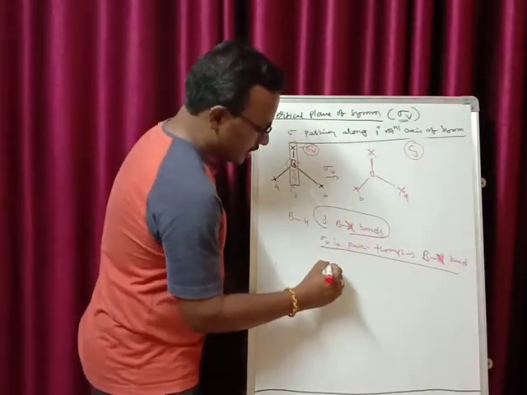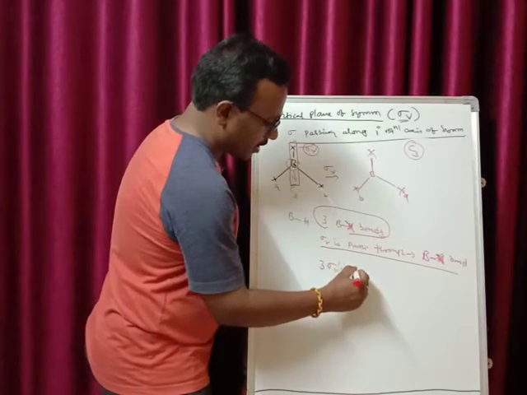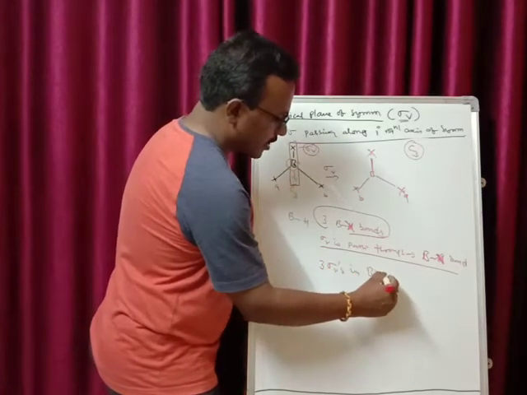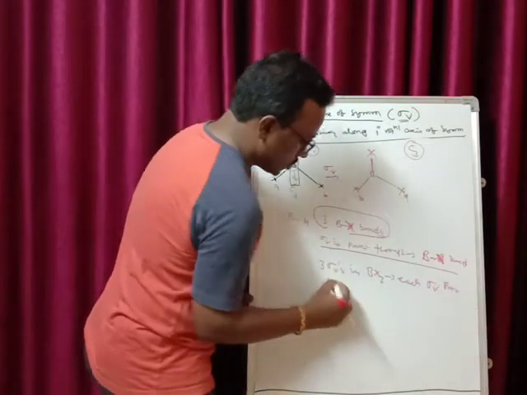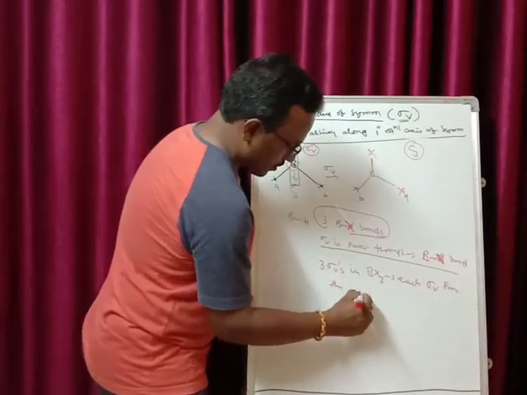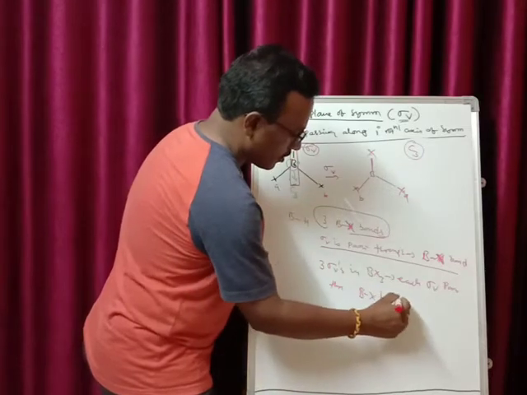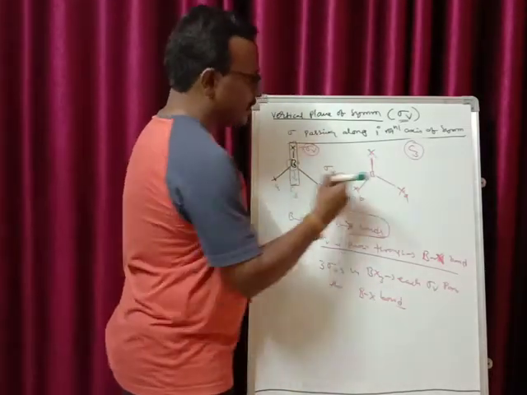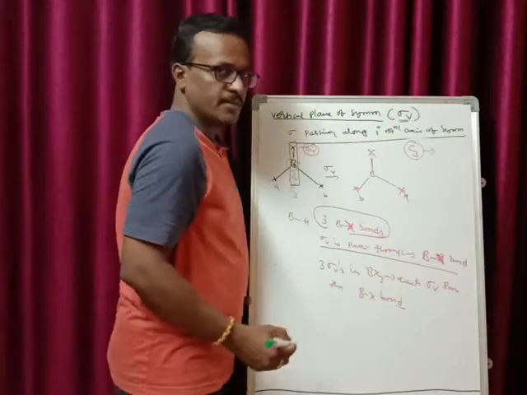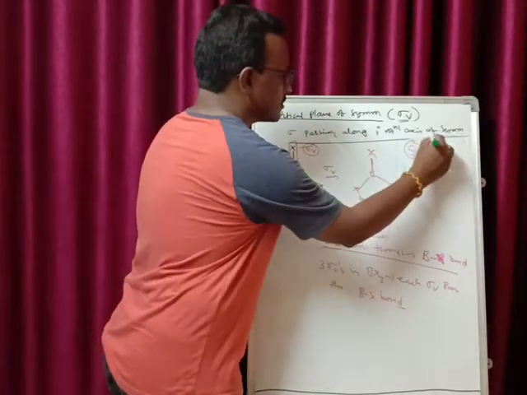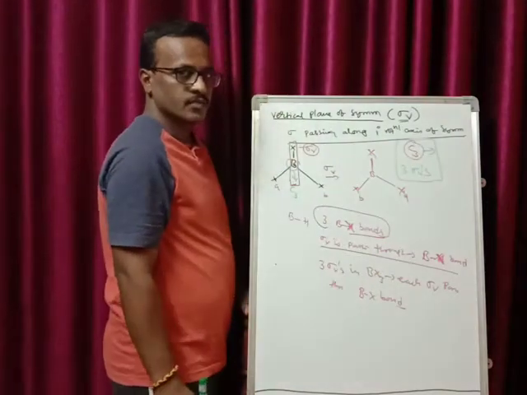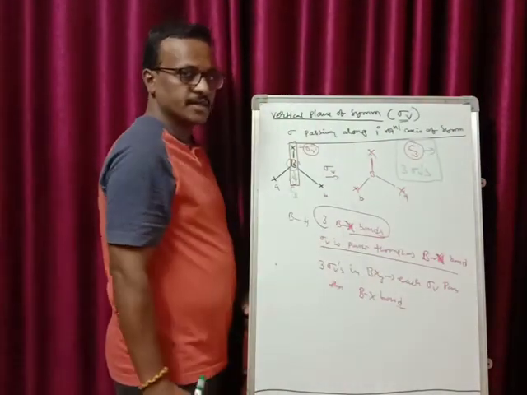That means there are 3 sigma V's in case of the BX3 molecule, each sigma V passing through a BX bond. So therefore we can say that in the BX3 molecule you have the C3 principal rotational axis of symmetry and 3 sigma V's. So this is what regarding the BX3 molecule.